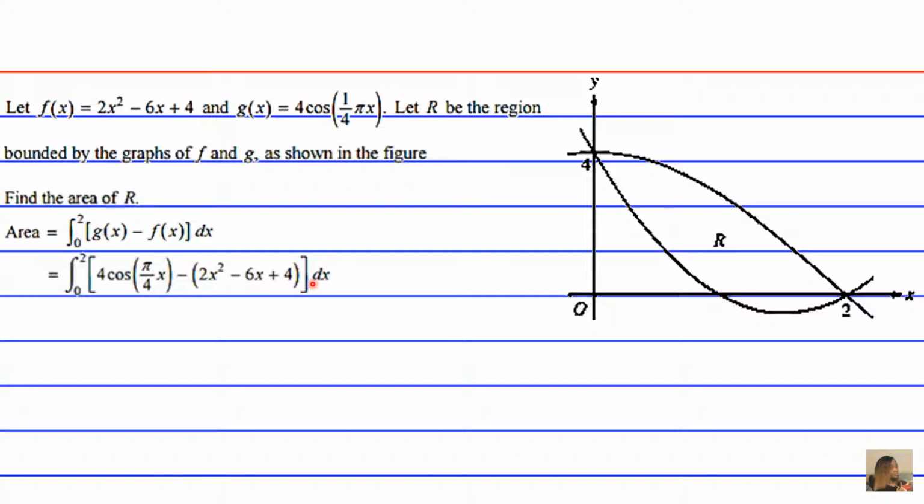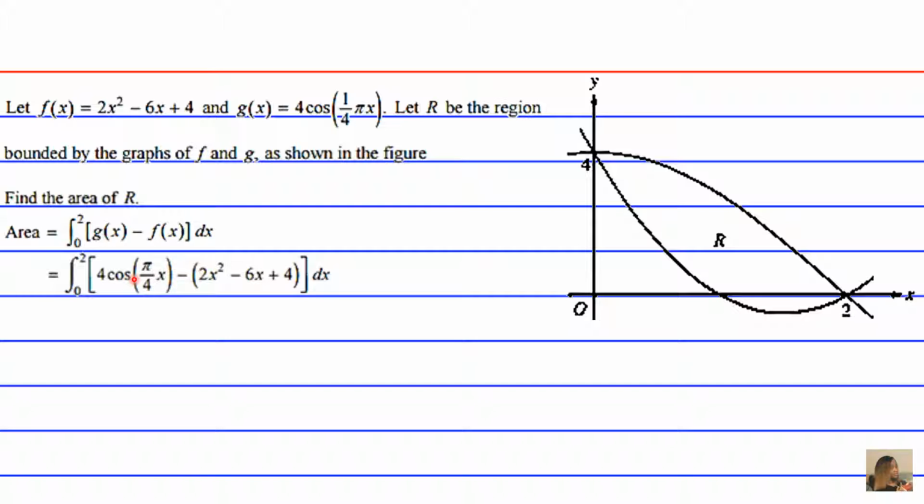What we're going to do is first factor out constants and integrate term by term, using the power rule for f of x and using u substitution for g of x. The only tricky part about this integration step is the u substitution.